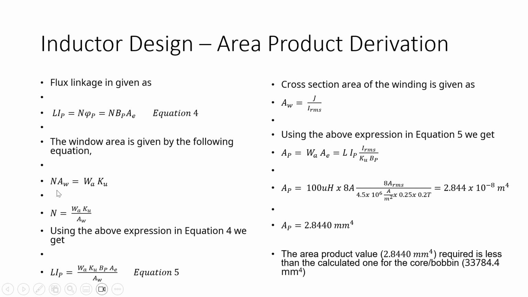So from here we can calculate the number of turns, and if we use this value of N in the above equation, then we can get this expression. And in this expression, if we use this expression for the cross-sectional area of the winding in this equation here, then we get the area product. This is the window area multiplied by the cross-sectional area. So this product will be equal to this value.